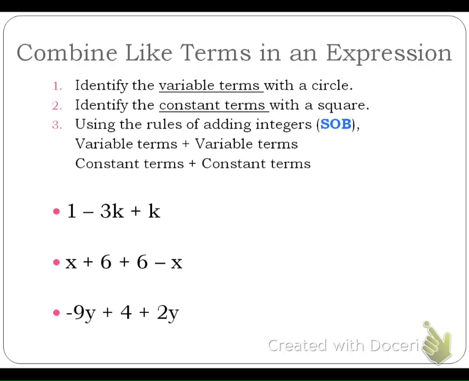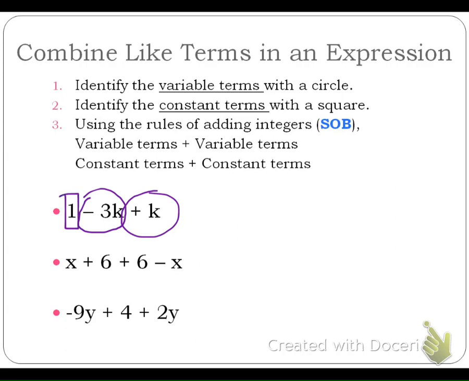Okay, let's see how you did. So in example 1, did you identify the negative 3k as a variable term and the positive k as a variable term? Don't forget to include those signs that come before the terms. And that 1 is a constant.